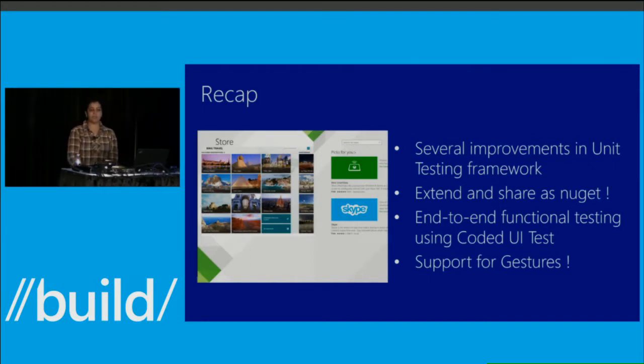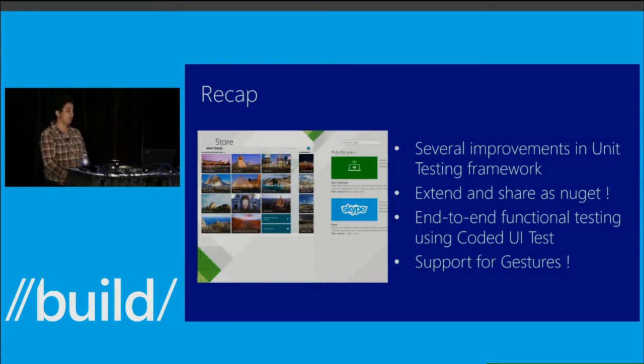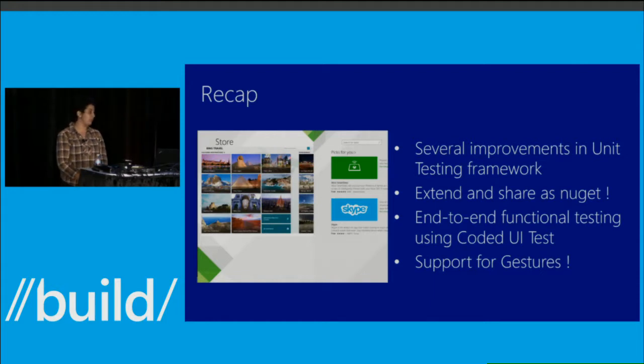Quick recap of everything that we saw here today. We looked at the several improvements that we made to the unit testing framework. We saw that the unit testing framework is extensible, and you can share the extensions that you write as a NuGet package. We also looked at the end-to-end testing using coded UI test. Coded UI test now comes with support for gestures.